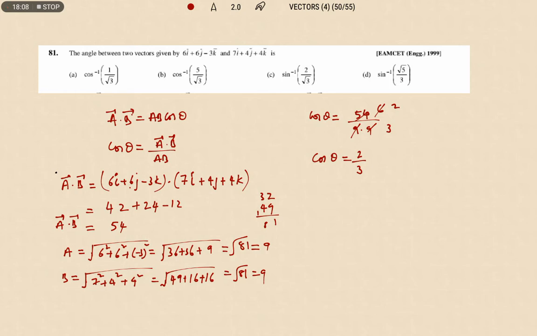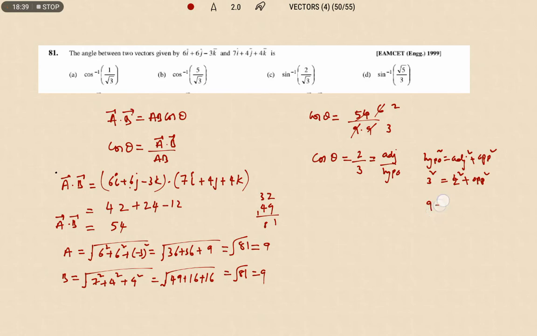But here we don't have that kind of option. Let us check the other options. This is cos theta, adjacent side by hypotenuse, so let us find the opposite side. We know hypotenuse square is equal to adjacent square plus opposite square. So 3 square is 2 square plus opposite square.